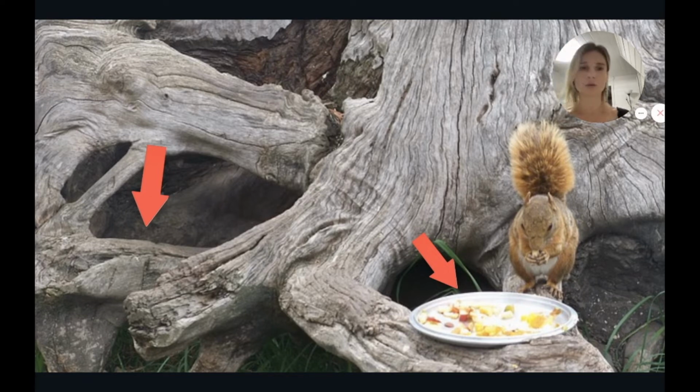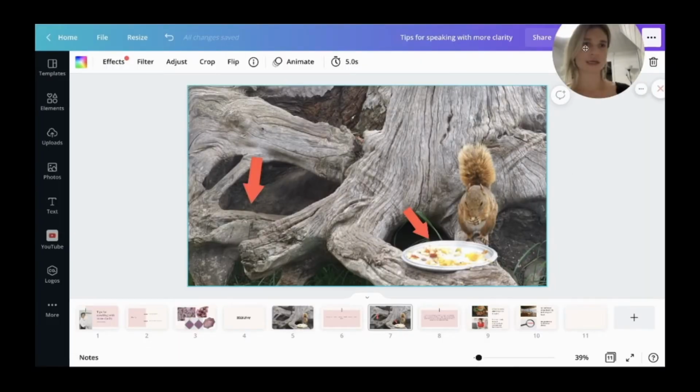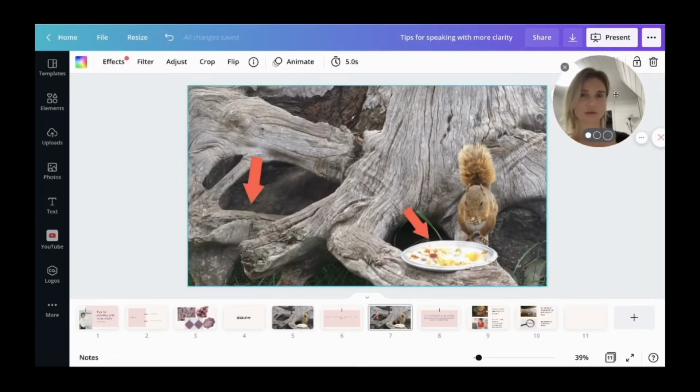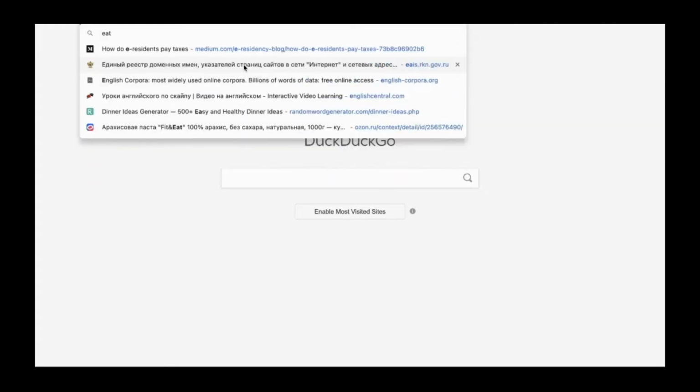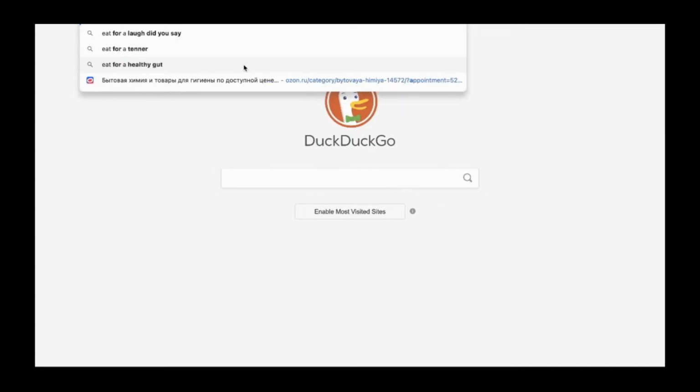So let me show you how it works. I'm just going to share my screen. An easy way to find out the wording, to find out what it actually is: okay, what is the squirrel doing? Most non-native speakers will say it's eating, eating from a plate. This is what I heard from people.